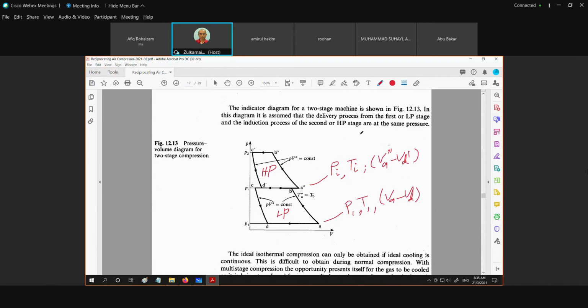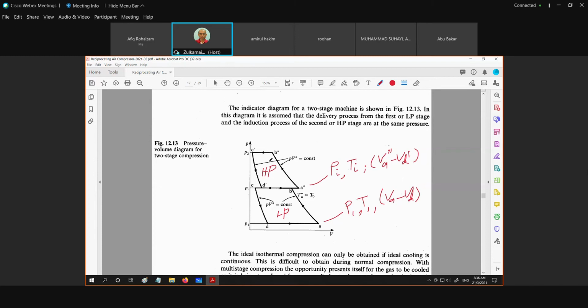Whereby this is the condition yang masuk ke dalam cylinder high pressure. This is going into the high pressure, the condition, the state of air going into the high pressure compressor. Whereby the P1, T1, VA minus VD is the condition whereby that is the induction to the low pressure compressor.